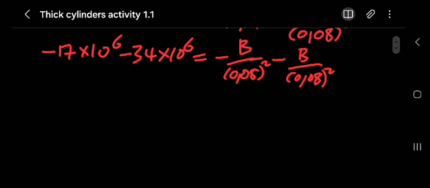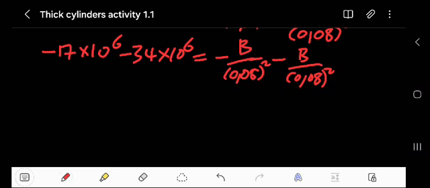Now you see we have B, the LCD is the same. If I say 17 times 10 to the power of 6 minus 34 times 10 to the power of 6, simply I have a nice value, which is minus 51 times 10 to the power of 6.